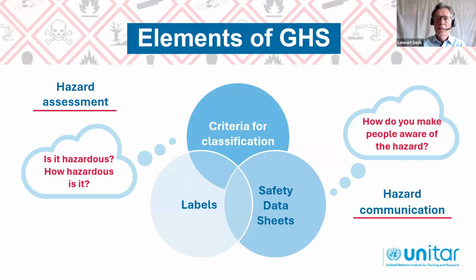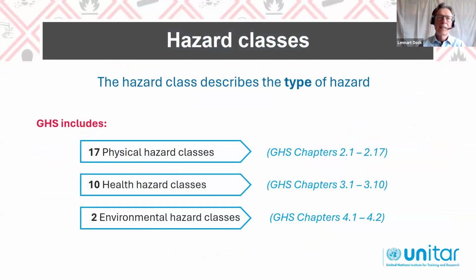So the hazards in the GHS are divided into 3 different parts, and they are covered in 3 different chapters of the GHS, chapters 2, 3 and 4.